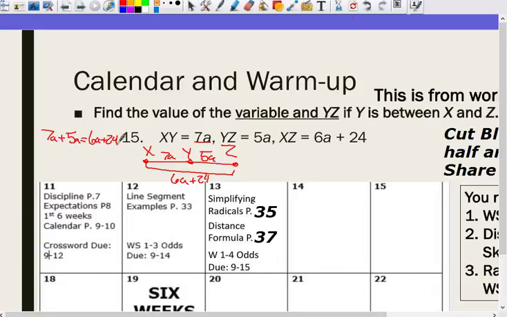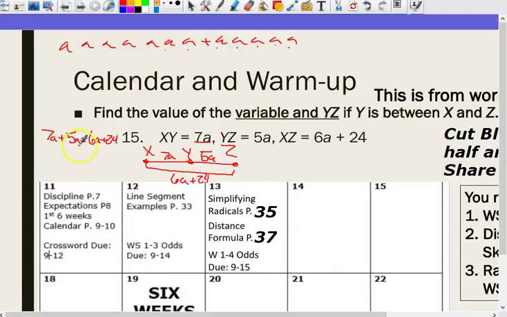Now it's just algebra. We have 7a's plus 5a's. 7a's would look something like this. There's 7a's plus 5a's. How many total a's do we have now? 12 total a's. 1, 2, 3, 4, 5, 6, 7, 8, 9, 10, 11, 12.